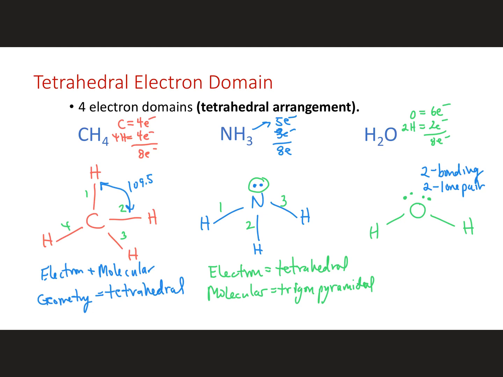So I still have 4 electron domains, right? 1, 2, 3, and 4 electron domains, 2 bonding and 2 non-bonding. So that means my electron domain geometry is still tetrahedral because I still have 4 electron domains. However, my molecular geometry now is bent because only 2 of those domains are bonding domains.